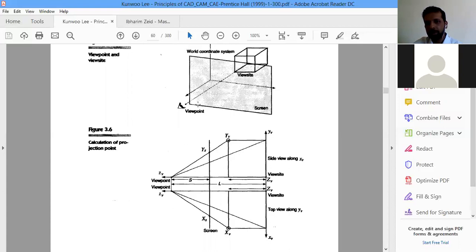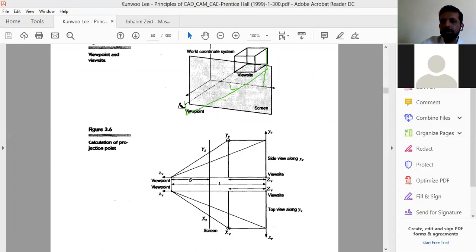So starting from here to here is our distance L. And this object is, let us assume, for a distance of ZV, as indicated in the diagram over here.